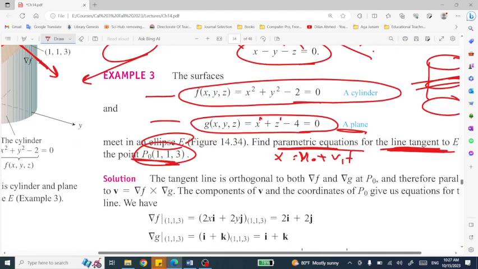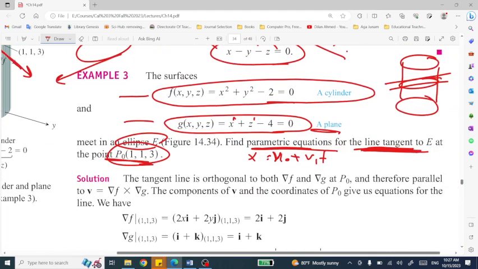That's why the tangent line is orthogonal to both at the point P naught.